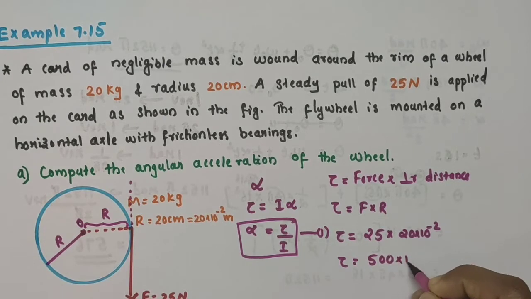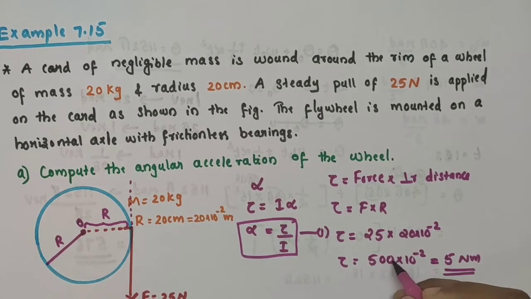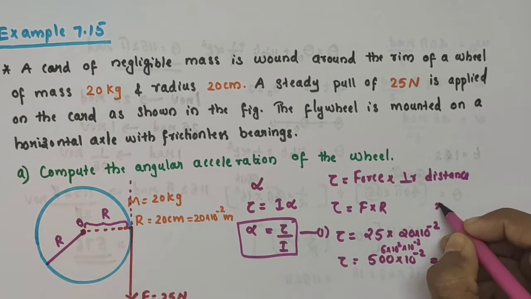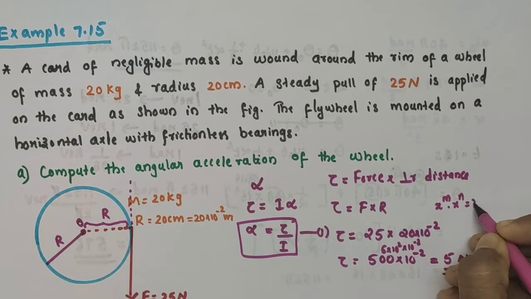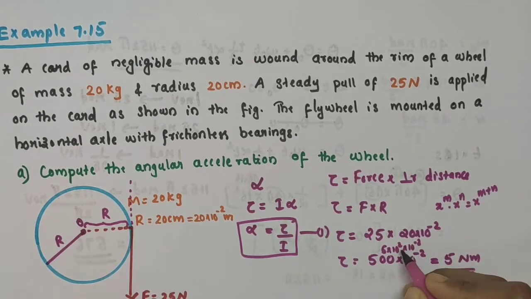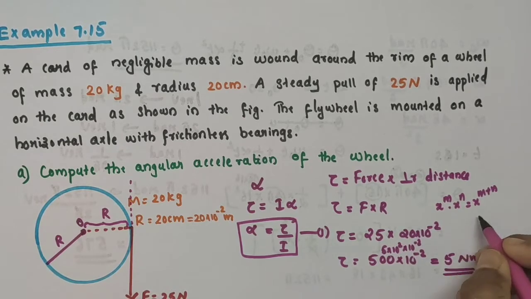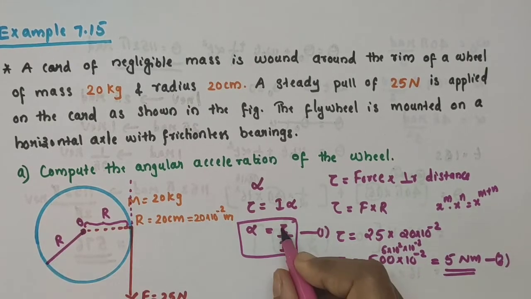So, 500 into 10 raised to minus 2. 500 can be written as 5 into 10 square. So, 10 square into 10 raised to minus 2; x raised to m into x raised to n is equal to x raised to m plus n. So, 10 raised to 2 minus 2, that is 10 raised to 0, equal to 1. 1 into 5, 5. I am taking this as equation 2. So, we got the torque tau is equal to 5 Newton meter.